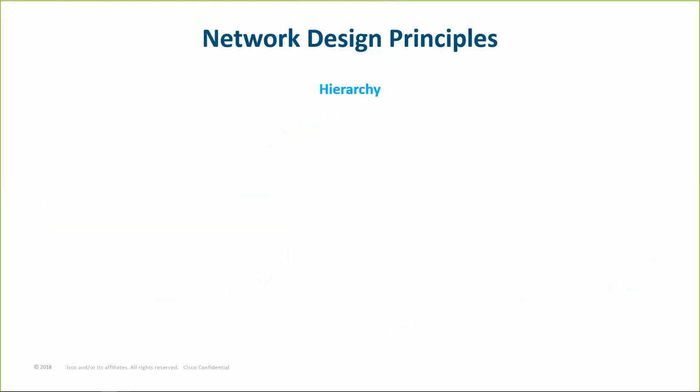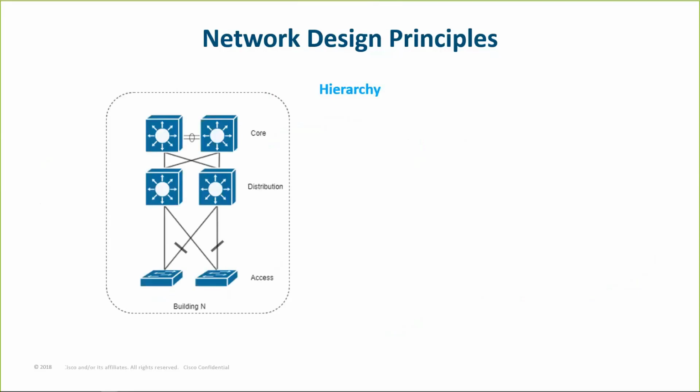And lastly, as we contain the failures by decoupling the network into several smaller failure domains, we do the same with hierarchy. We separate the network into smaller zones, smaller layers and smaller groups of devices. And each one of these devices is going to perform a specific function.